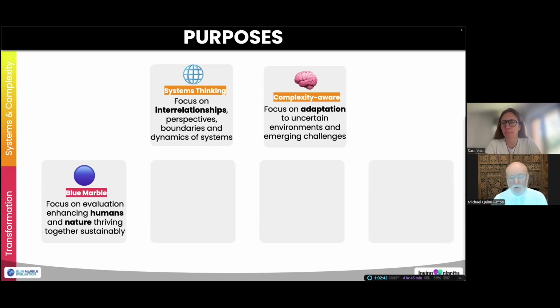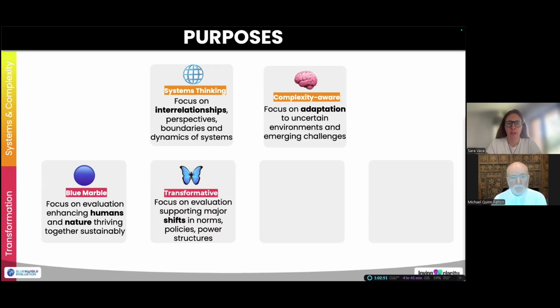Blue Marble is to take the globe as a focus to transform our existing systems to be more sustainable and equitable.